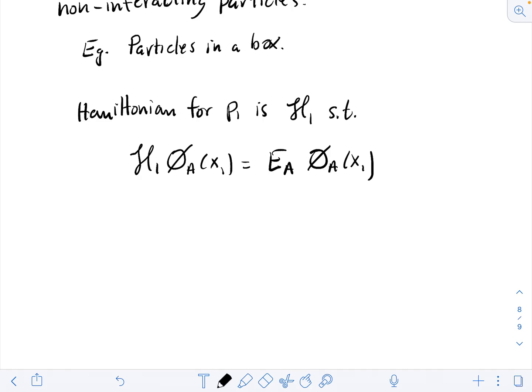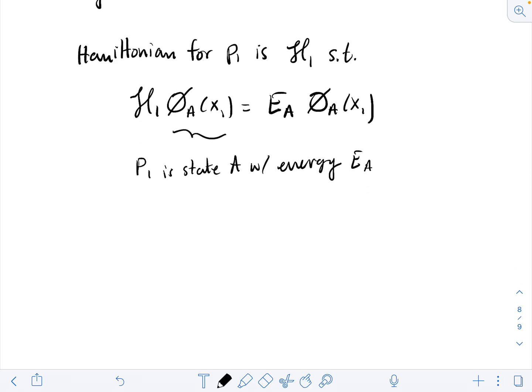Okay, so in this notation, what we have is particle 1 in state A with energy EA.